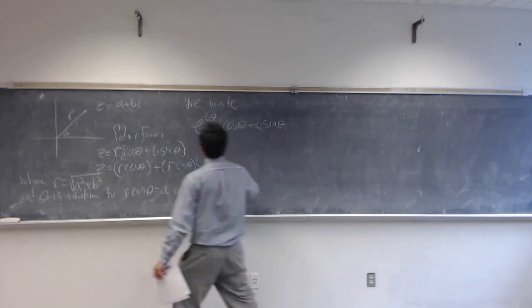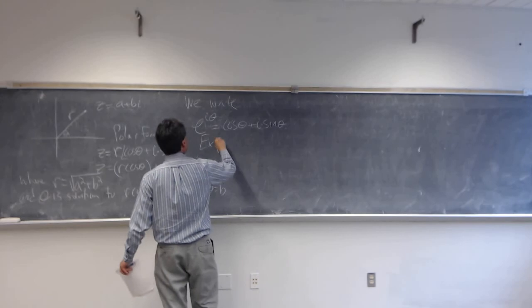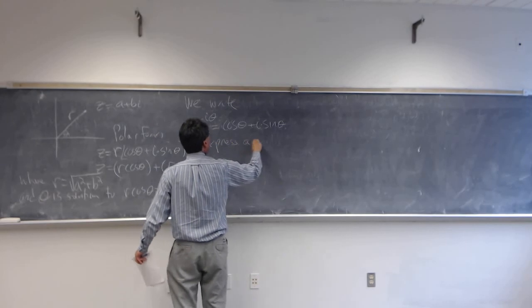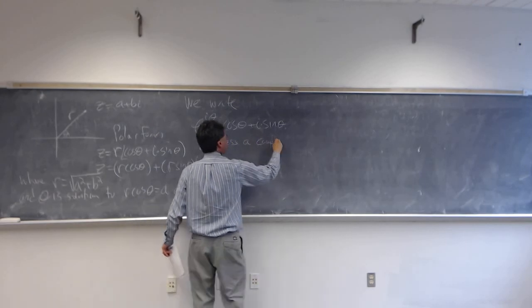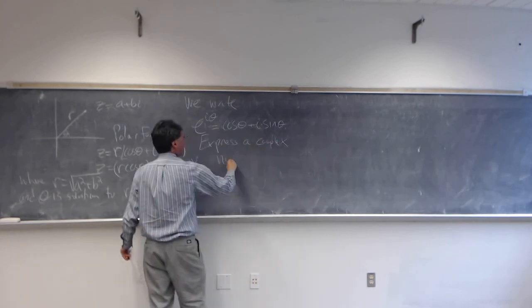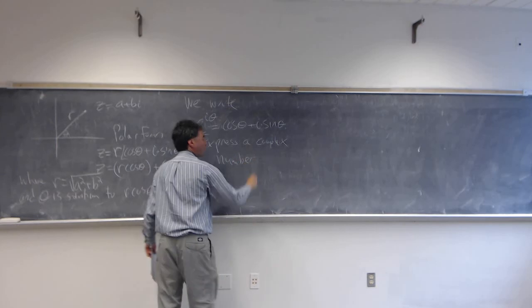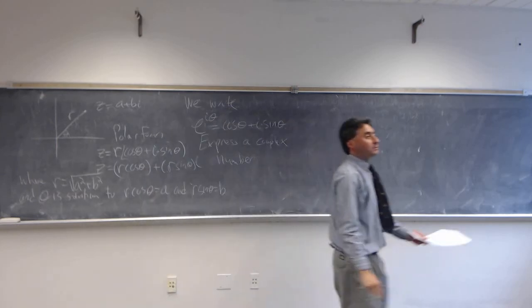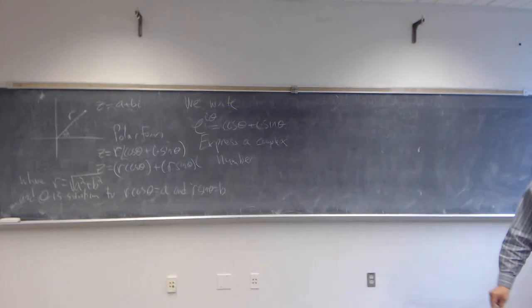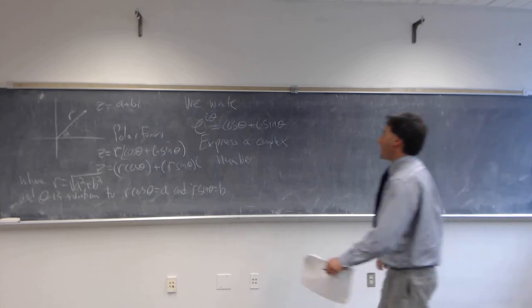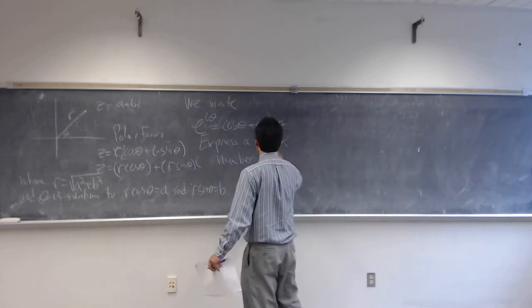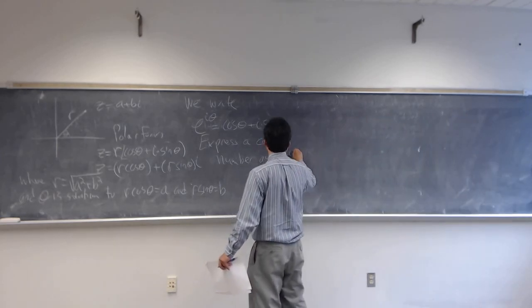So one way to think about this, we can express a complex number. Well, we can certainly express it as a plus bi, the real and imaginary part, or we can express it as a polar number as r e to the I theta.